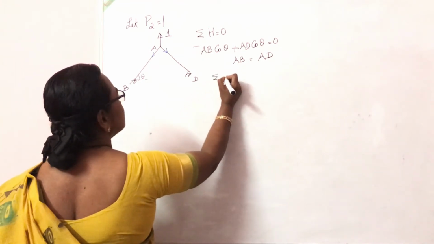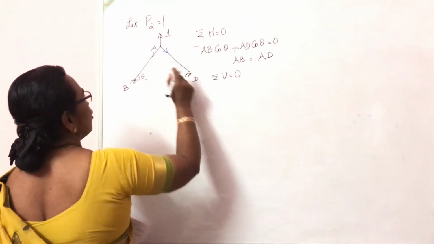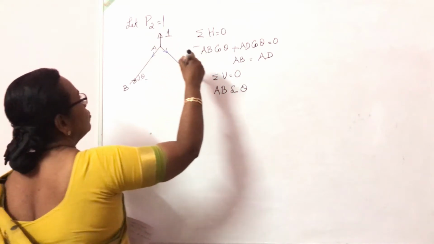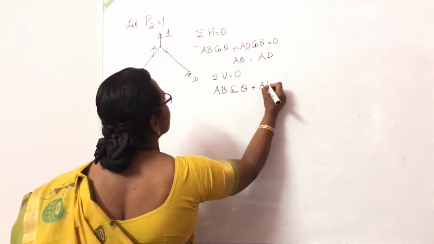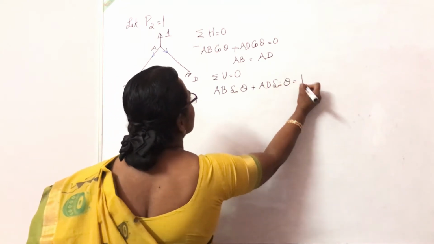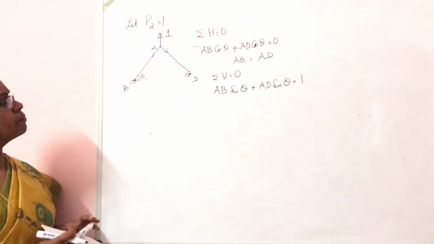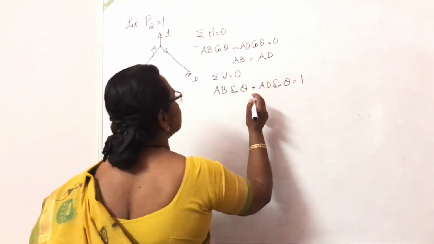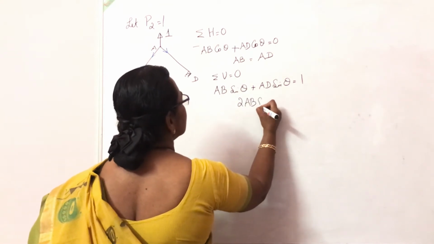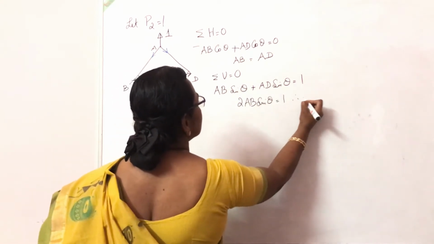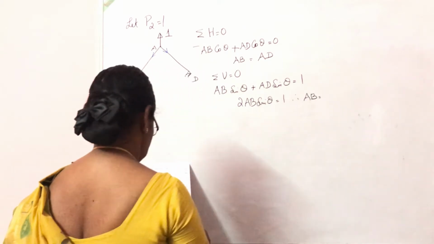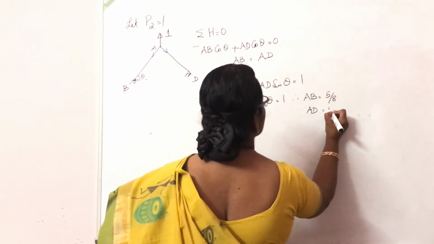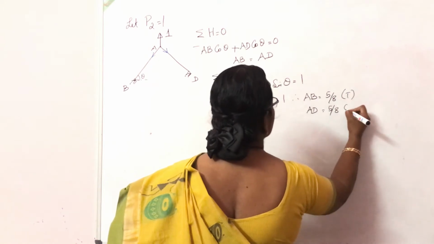Then apply sigma V is equal to 0, vertically resolving, AB sin theta acting downward, AD sin theta also acting downward, is equal to 1. Since AB is equal to AD, we will get 2AB sin theta is equal to 1. Therefore, AB is equal to 5 by 8, and AD is also equal to 5 by 8. That is, both of them are tension.